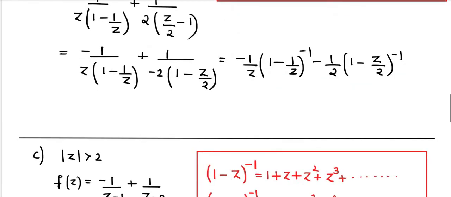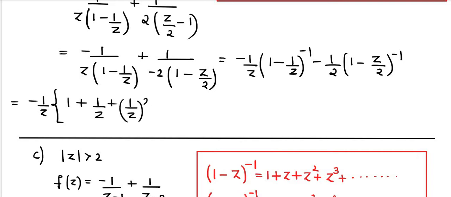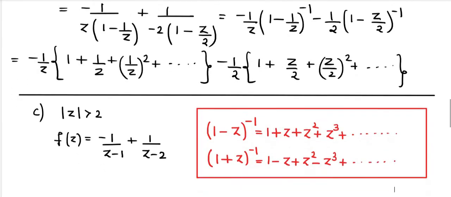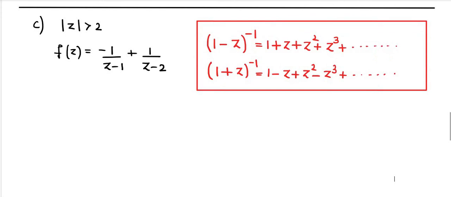So, after expanding minus 1 by z, we are using the first formula, binomial expansion for the first term. The second term expansion will be 1 plus z by 2 plus etc. Now, let us consider the third region, mod z is greater than 2.